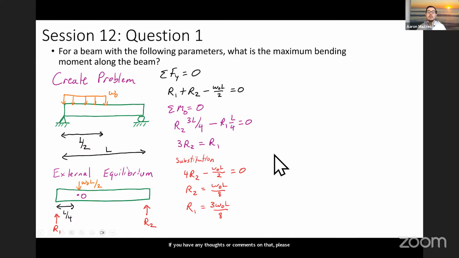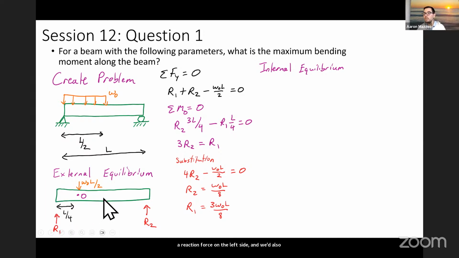I think it's important to realize that there are simple ways, which we'll talk about later, to make a determinate problem become indeterminate. One of those ways, for example, would be to add a wall to the left side. If we added a wall and still kept this roller here, then we would have a reaction force on the left side, and we'd also have a reaction moment on the left side.